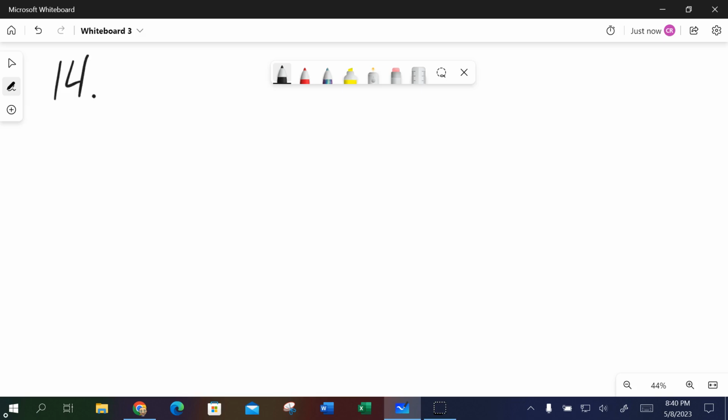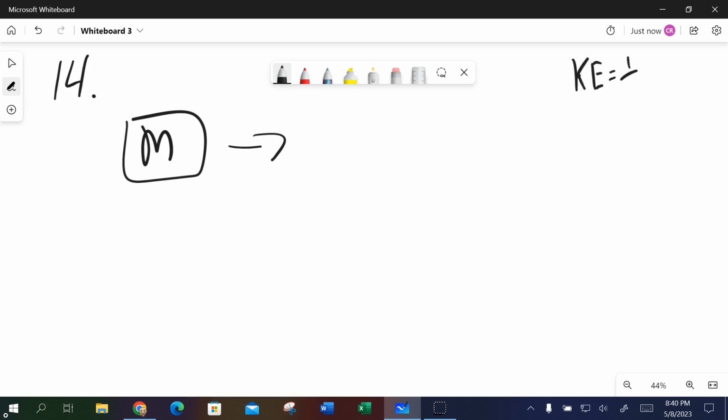So it gives us that there's a block of mass m sliding along a surface with kinetic energy k of I. So we know the kinetic energy at the beginning is equal to 1/2 m v squared, which is equal to k of I. So then this block collides with another block of mass 3m. And then the two blocks stick together and slide together with total kinetic energy of k of f. So it asks us to find what the ratio of k of f to k of I is.